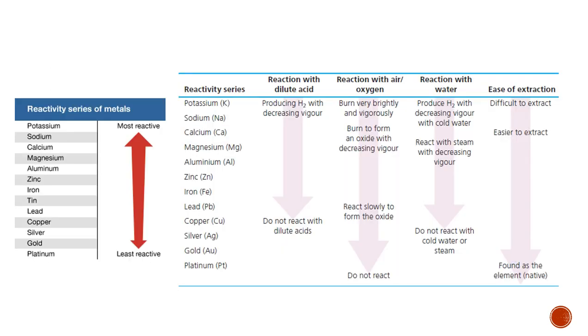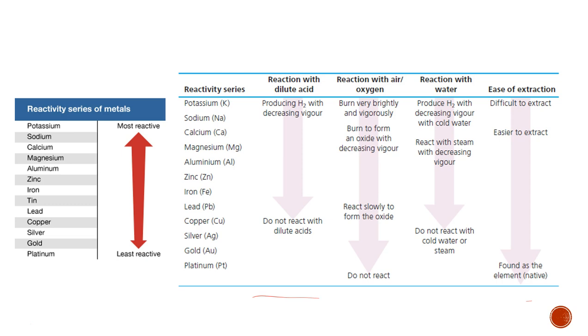If we put all this data together, again creating our reactivity series, we get this table here where we can put them in order and see that the most reactive metals, down to lead and copper, these stop reacting with water and dilute acids. We may be able to force them to react with strong, concentrated acids, but they won't react in dilute acids.